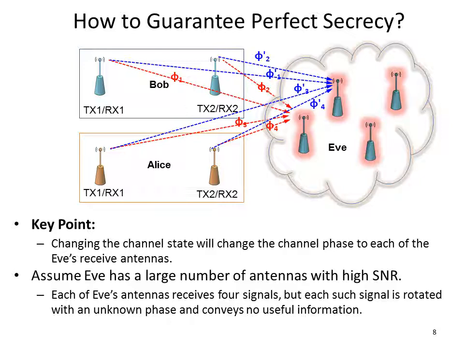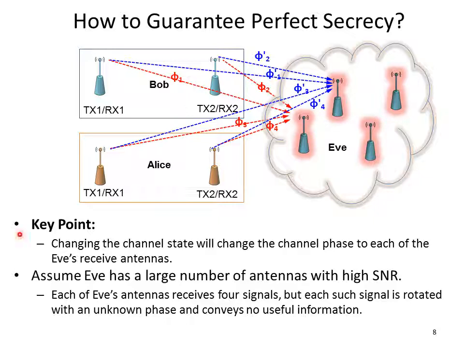Likewise, phi prime 1, phi prime 2, phi prime 3, phi prime 4, which are the phases from the legitimate antennas to another antenna of Eve, will also change.